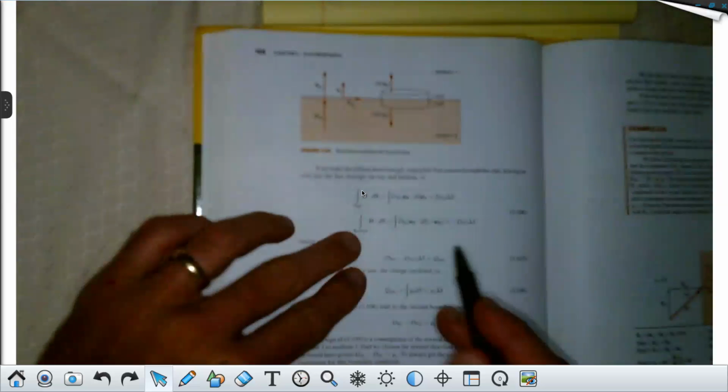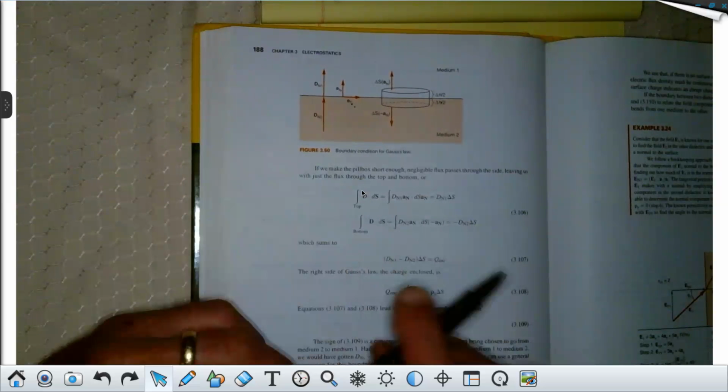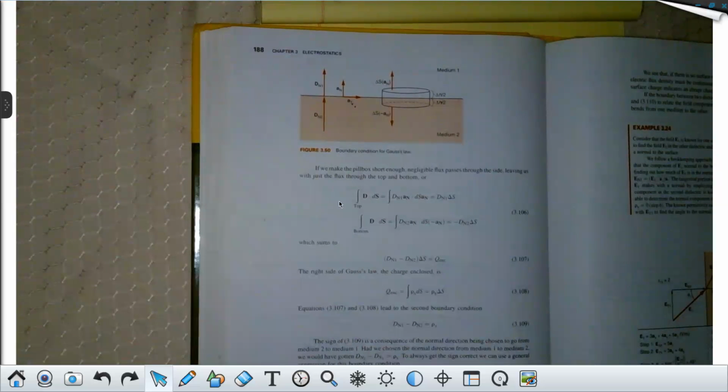Now I can show you right here the integral of D dot dS that he has. Matter of fact, this is probably easier. I've got D dot dS right here, can you all see that? This is over the top. That will be equal to D normal 1 times a normal, and the differential surface is just dS a normal. It's really D normal times delta S, whatever the surface is up here.